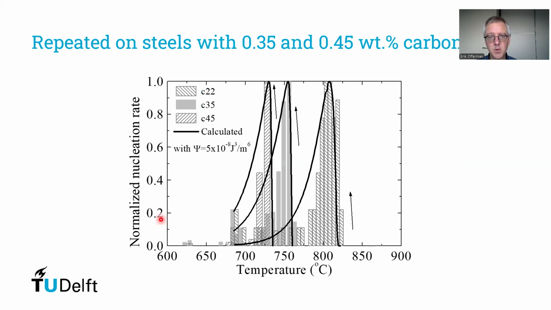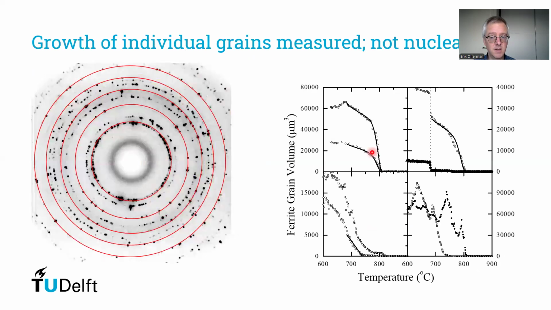Now we repeated this experiment on a steel with 0.35 and 0.45 carbon, and this was one with 22% carbon. And in all cases, we find a very low psi value, meaning that the activation energy for nucleation is lower.